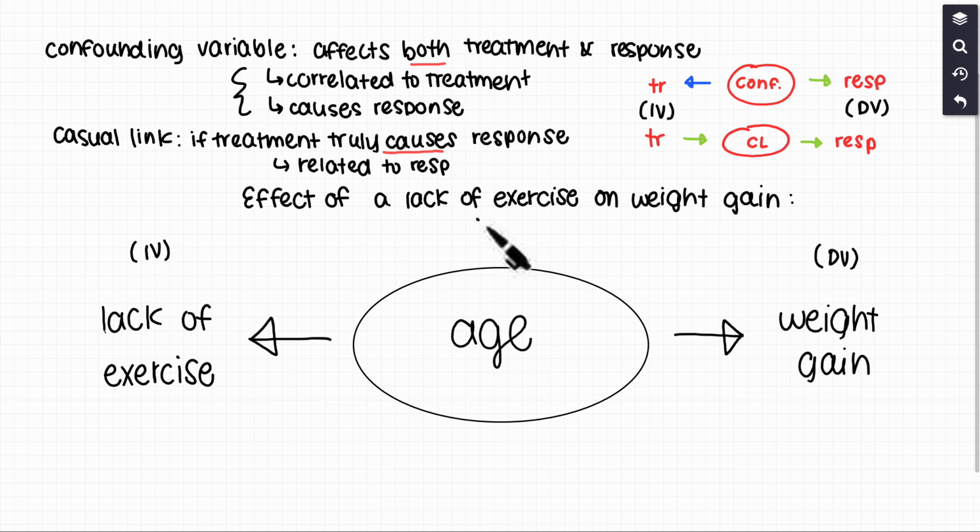So we control for confounding variables and take into account which variables we want to control for, to make sure that there is no third confounder that affects both our treatment and our response. So we want to be pretty careful that all our variables in our study are directly related, are variables that make the treatment truly cause a response. So they are all causal links here. And confounders can really skew our results if we're not careful with that.